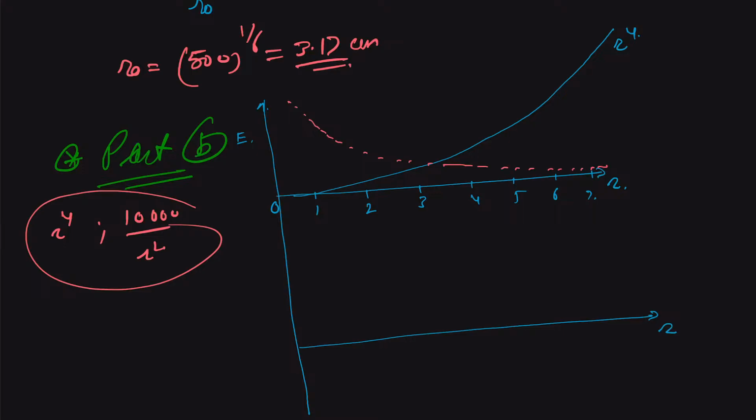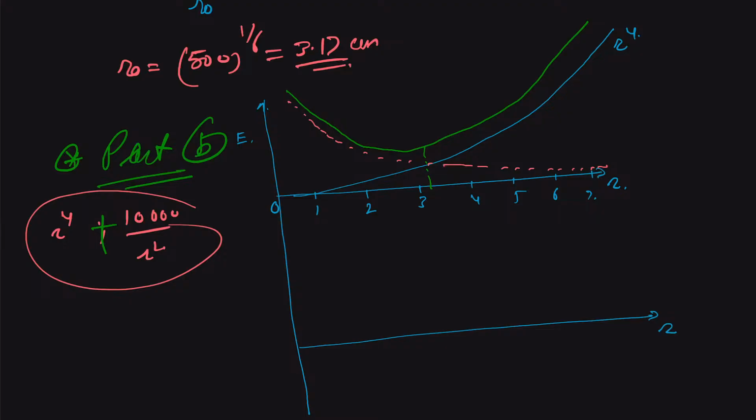Therefore the summation, that is the total energy, the summation of both, will be slightly skewed in this direction, and it will follow like this, and somewhere here we are going to get the minimum value of our energy.